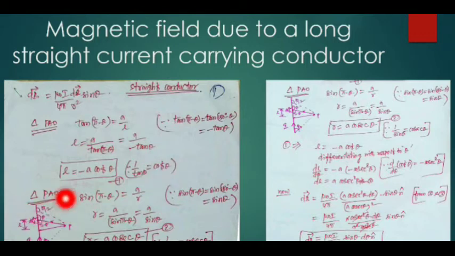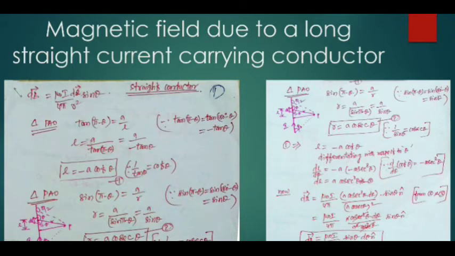The second triangle PAO: sine(180 minus theta) is equal to A by R, and R is equal to A by sine(180 minus theta). Sine(180 minus theta) is equal to sine theta, therefore A by sine theta. Here 1 by sine theta is equal to cosecant theta, therefore R is equal to A cosecant theta. The second equation.